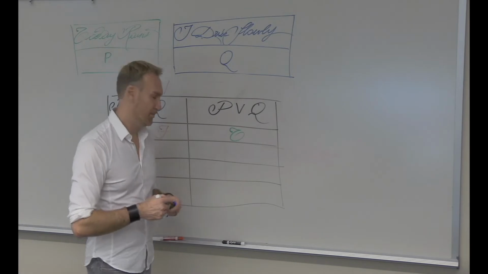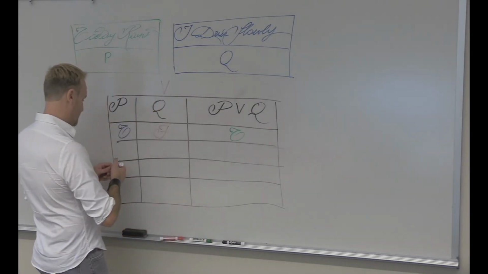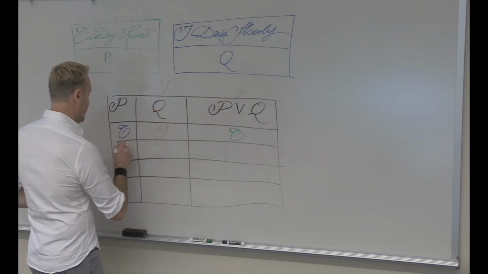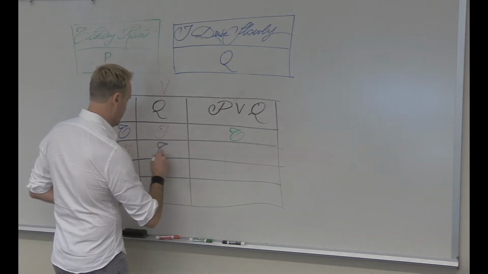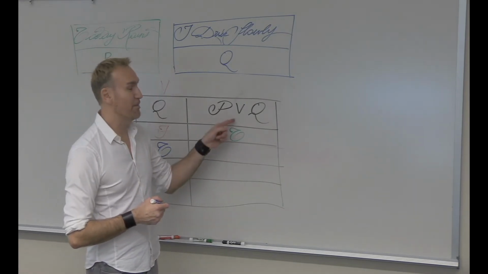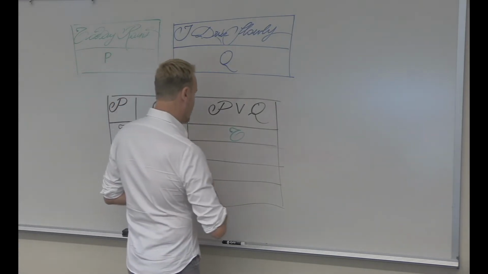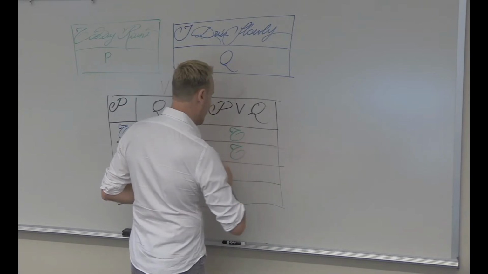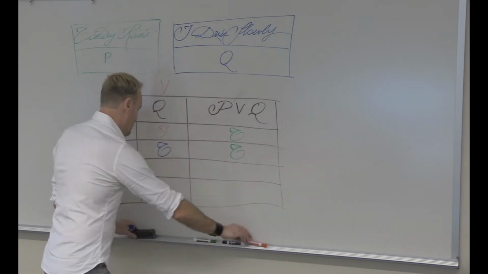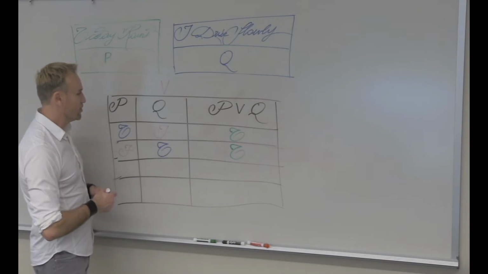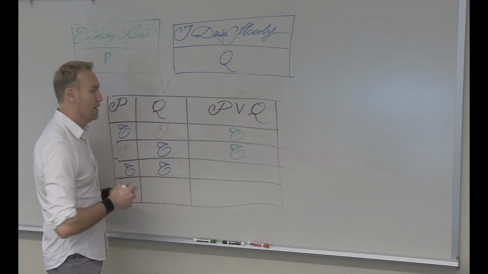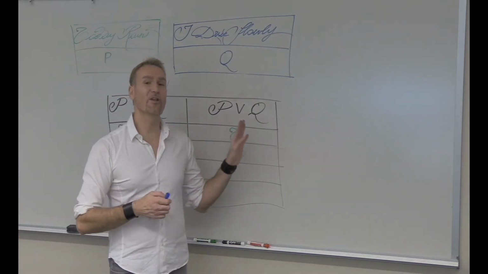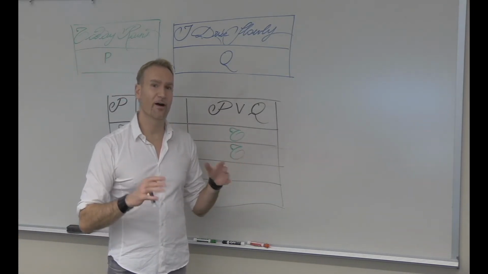Either or. What is the opposite? If P is false, but Q is true. Same thing. We're talking about disjunction here, so this turns out to be true as well. I changed the order, of course, from the previous one, so let's assume that they are both true. Now, the wedge simply says that as long as one is true, you are all set, so to speak. So this will also be true.